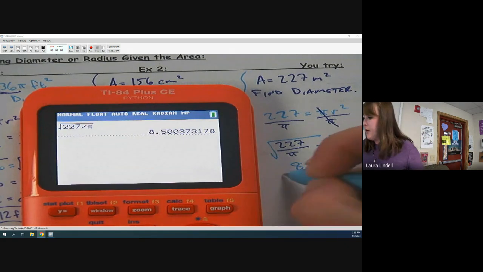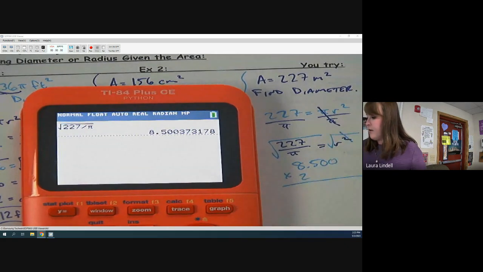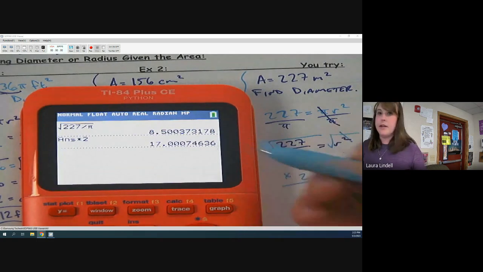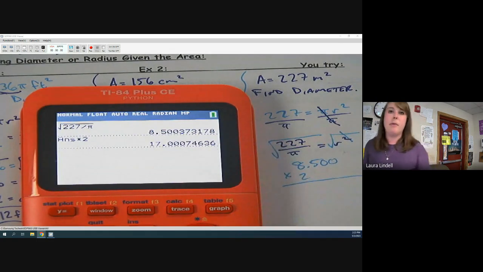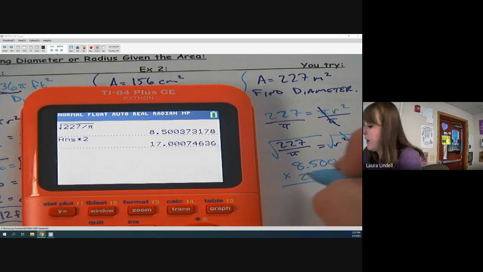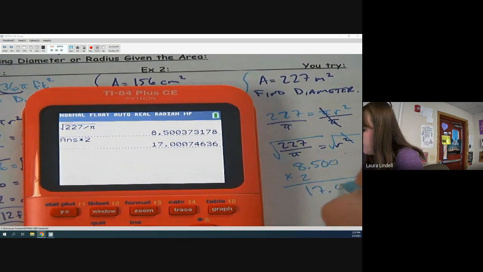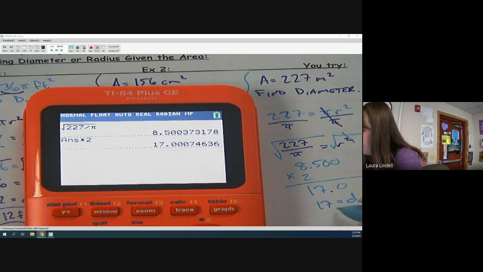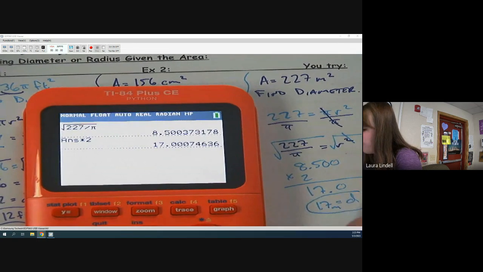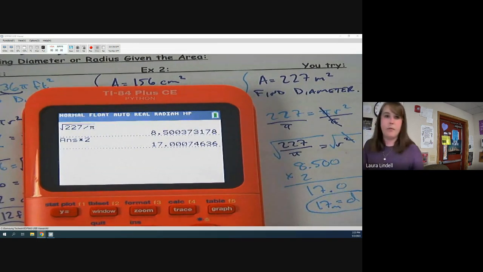Then what I want to do is times 2 to get diameter. And you can do that right in your calculator. You can just hit times 2 and it'll save it and keep going for you. So we get 17.0. So 17 meters is our diameter. And then we're good to go.